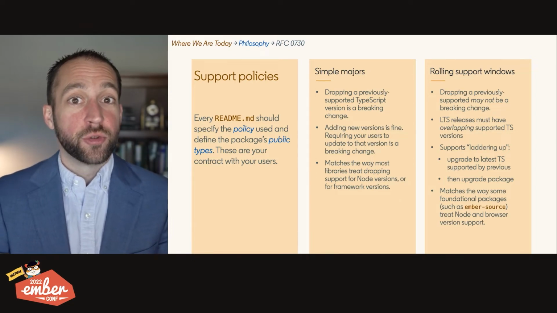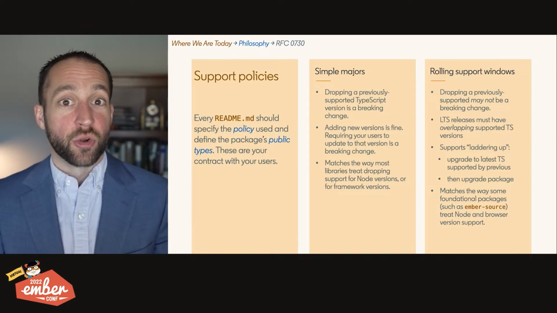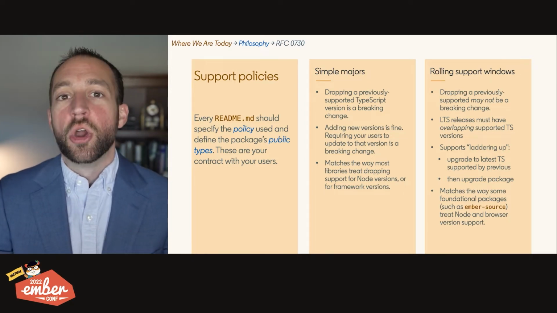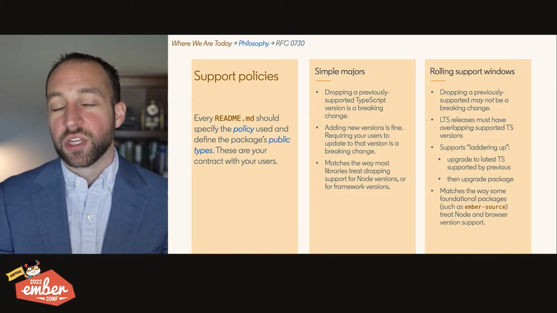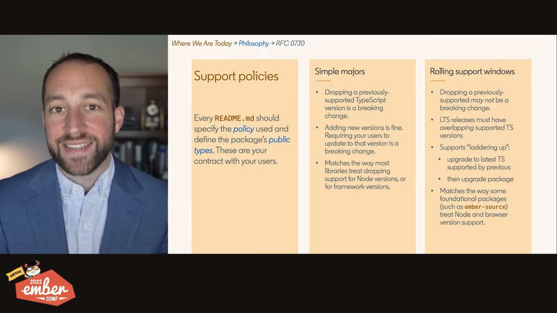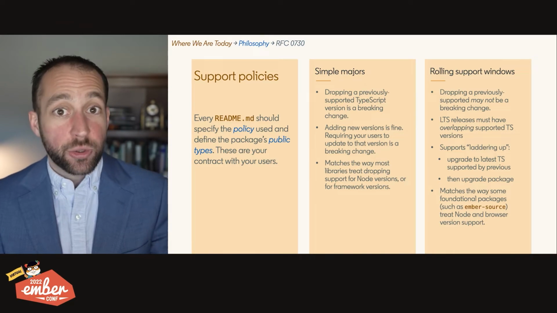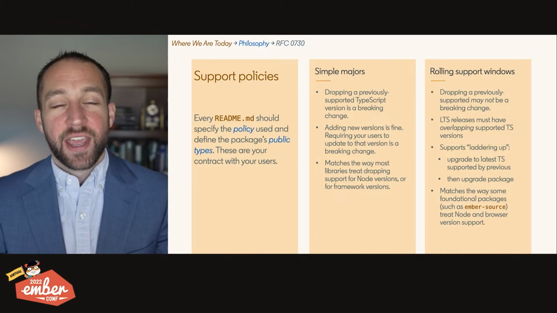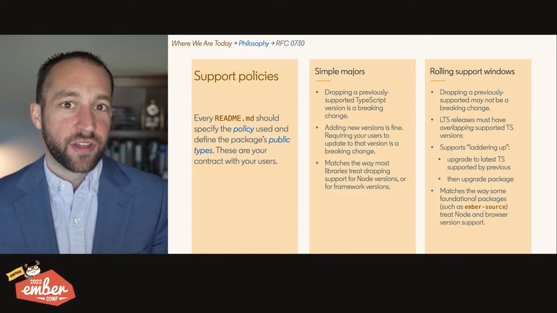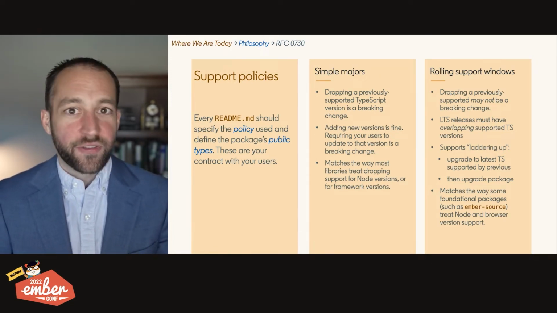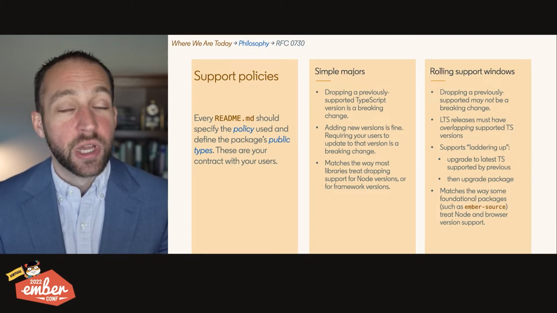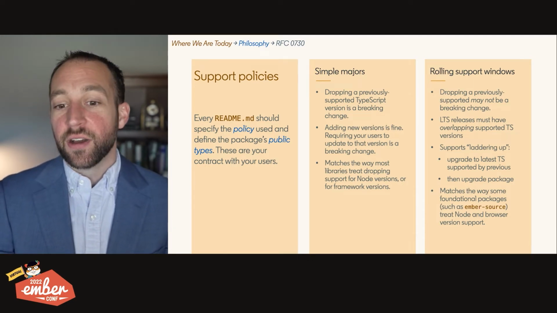Once they're up to the most recent version that your old library version supported, then they can upgrade to your new library version without also changing TypeScript. And this is key because it means that no one has to upgrade both at the same time, because those are the painful kinds of upgrades. Nothing is as bad as trying to upgrade a library and having to upgrade 5 other dependencies at the same time and trying to figure out which one is causing all the breakage internally for you. That's terrible. This policy avoids that.